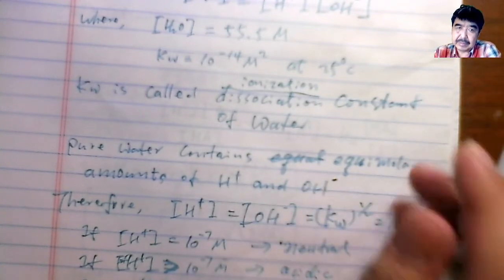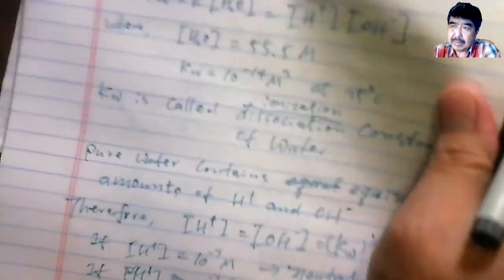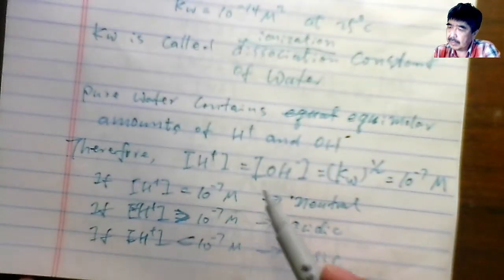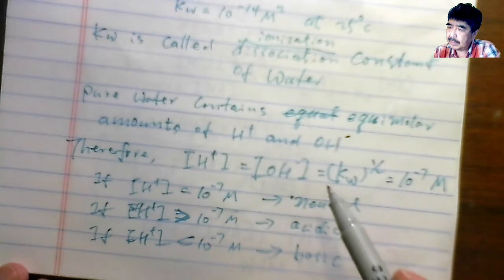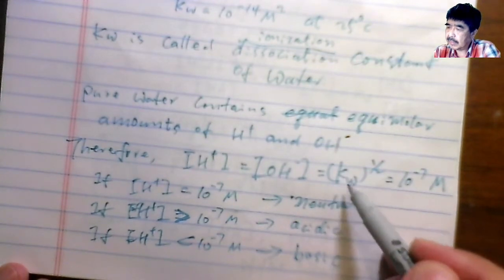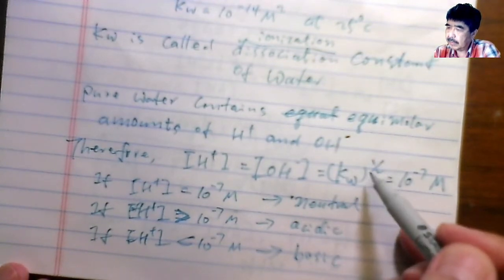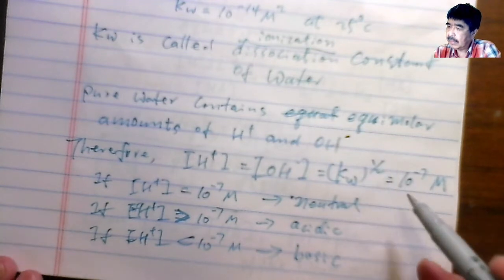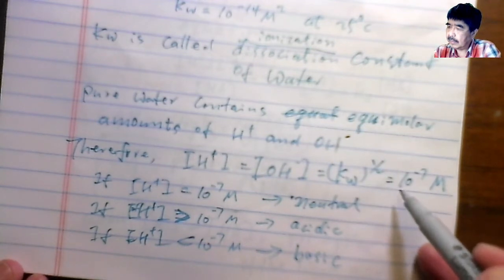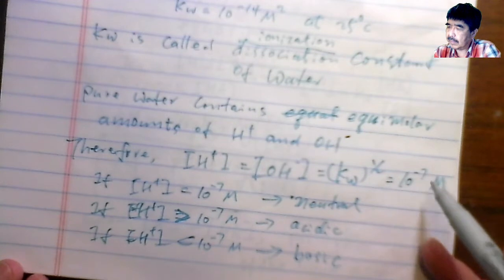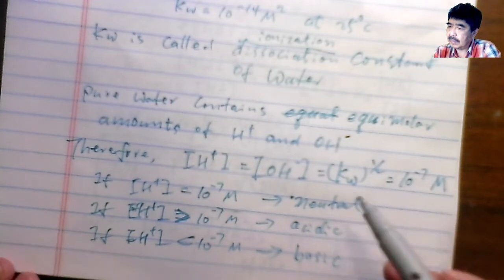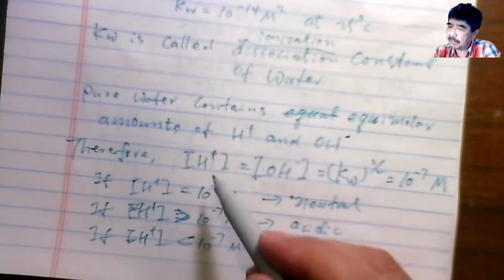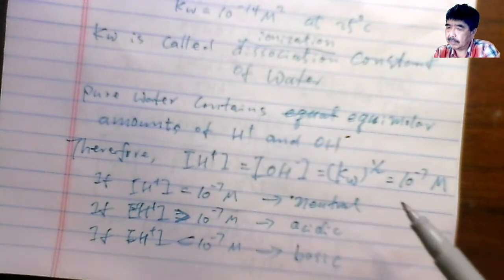Therefore, the proton concentration equals the hydroxide concentration equals Kw to the power of half. Then we got 10 to the minus 7 molar. This is the concentration of proton in pure water.